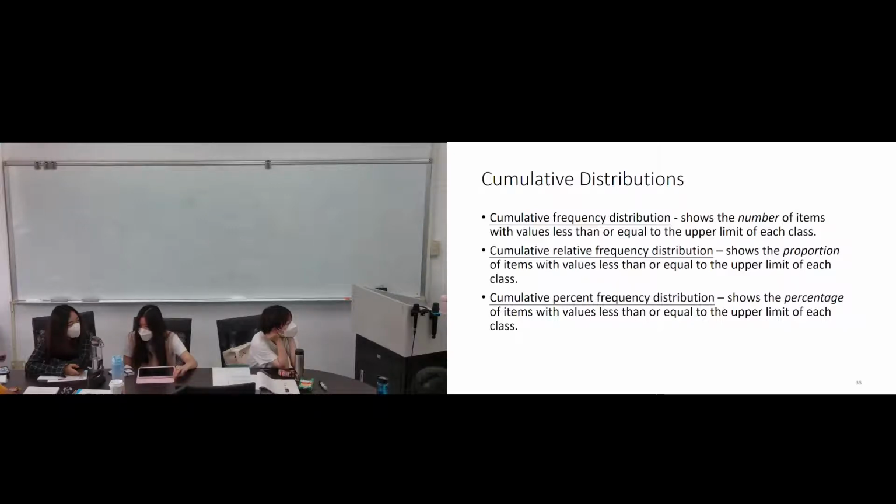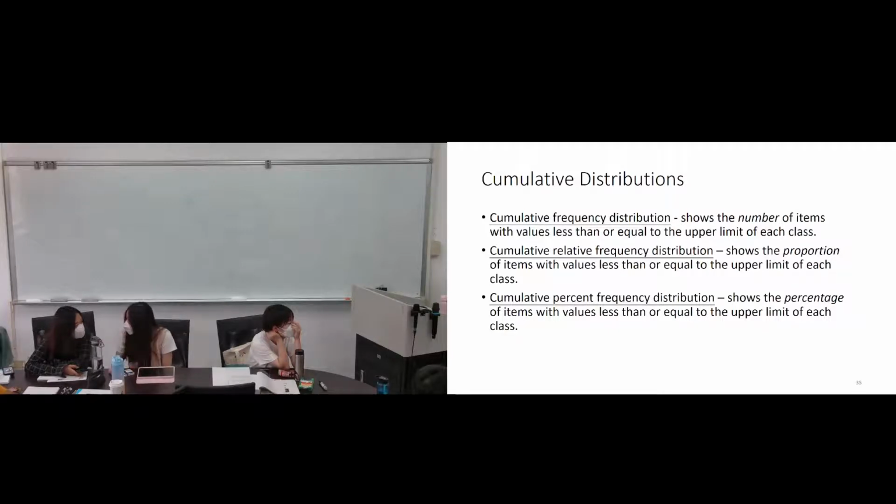From it, we also calculate the cumulative relative frequency distribution, which shows the proportion of items with values less than or equal to the upper limit of each class. Finally, we construct a column for the cumulative percent frequency distribution, which shows the percentage of items with values less than or equal to the upper limit of each class.